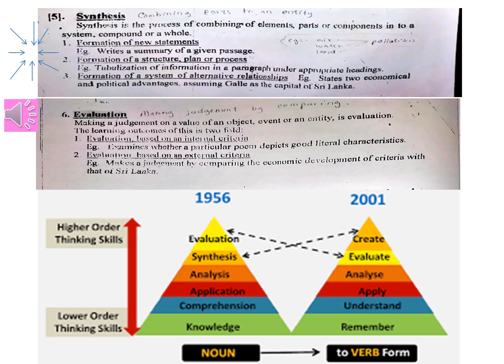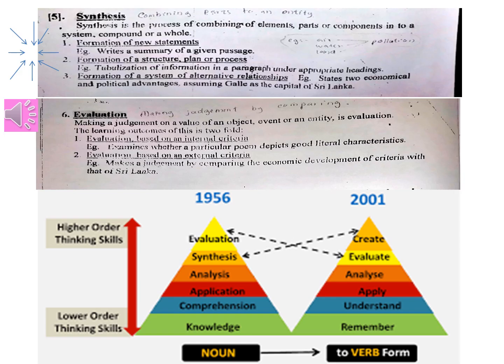Formation of a structure, plan or process. Example, tabulation of information in a paragraph under appropriate headings. Say this is about that criteria thing, right? Ponds, rivers, streams, all the dirty ponds and so on, they come under what? Water pollution. You are collecting all these things in one direction, right?